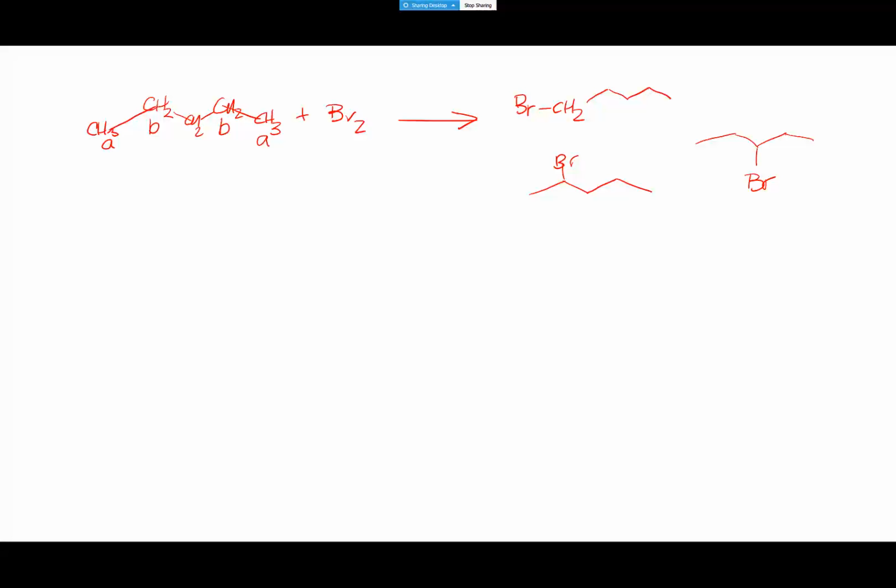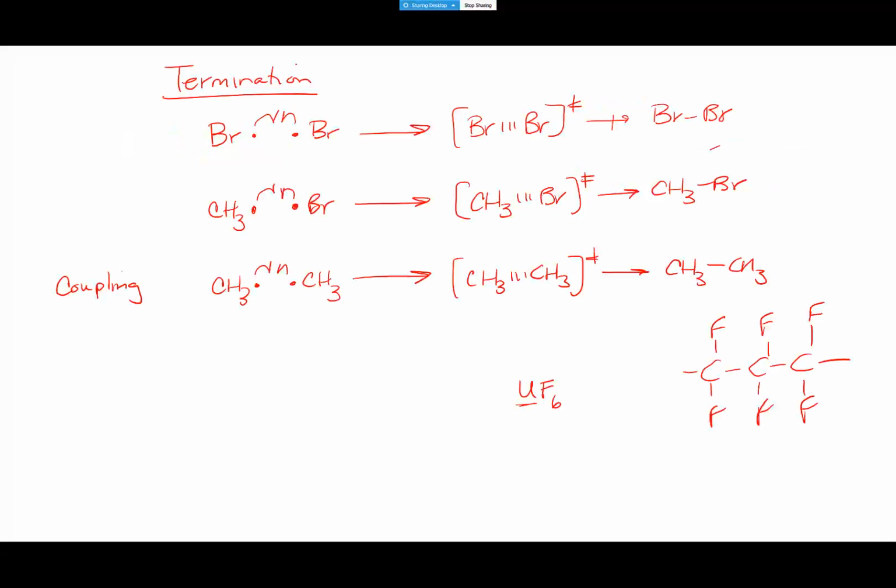So I like to use letters to indicate which hydrogens are going to give me the same products.